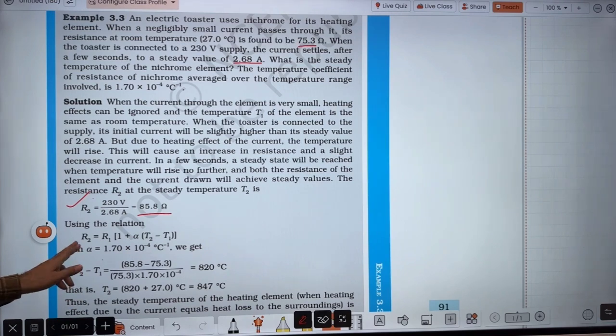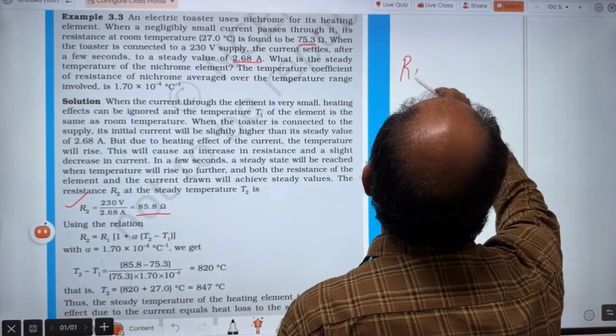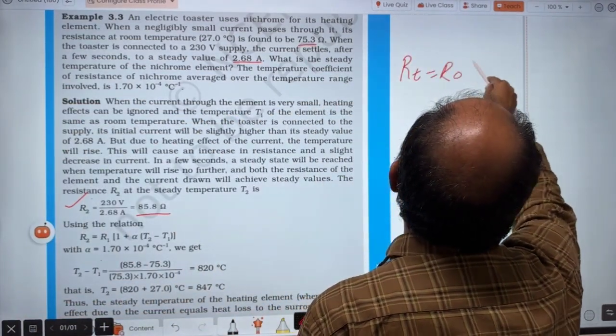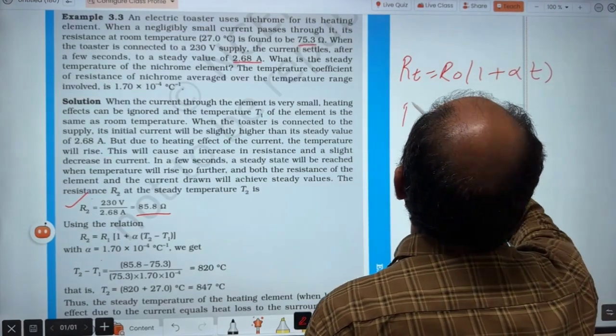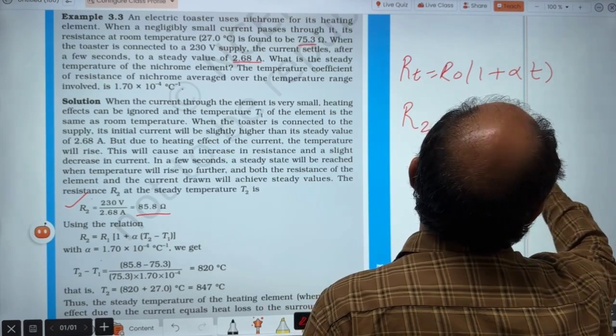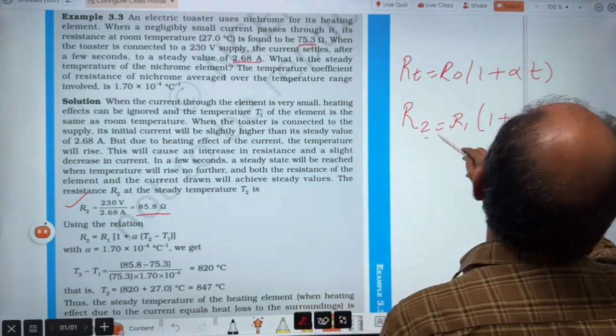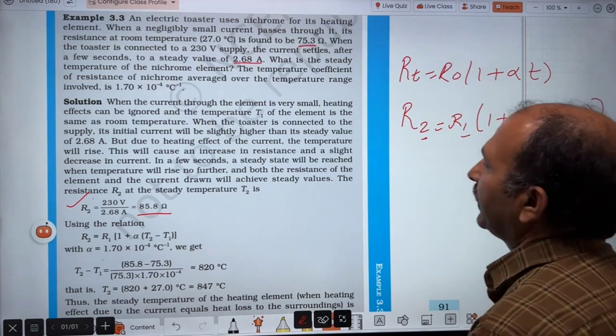Now as I told you the relation, if you start from R_2, R_2 equals R_1 (1 plus alpha), from the relation R_T equals R_0 (1 plus alpha T). So if we write it as R_2, this will become R_1, then this relation will become 1 plus alpha, and then two temperatures, so we can take T_2 minus T_1, and then we can simplify.